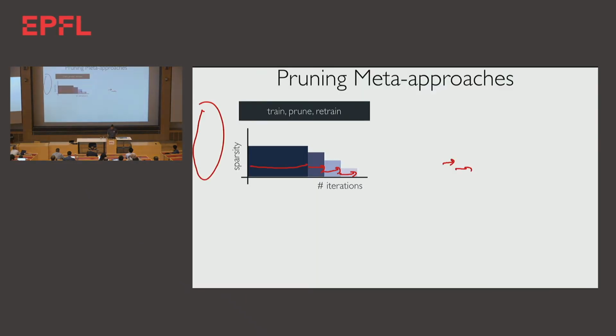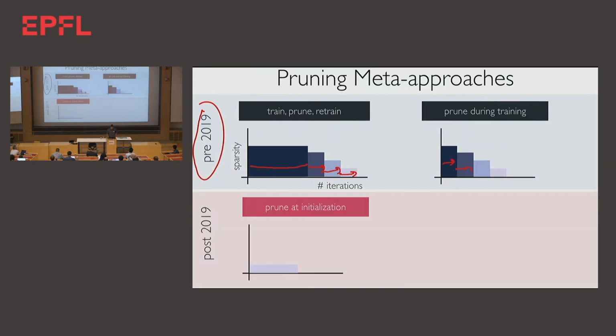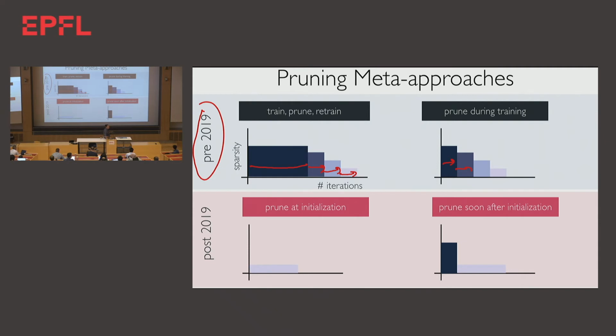So basically, the way to think about it is the following: the blue part, pre-2019, is dealing with, while compressing the model, a big model for most of the algorithm.